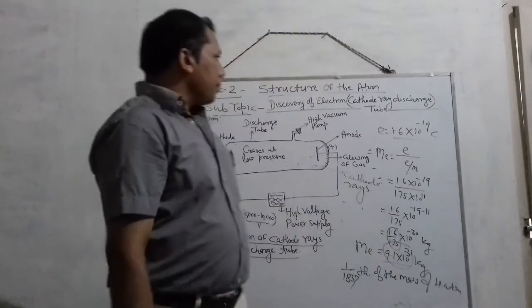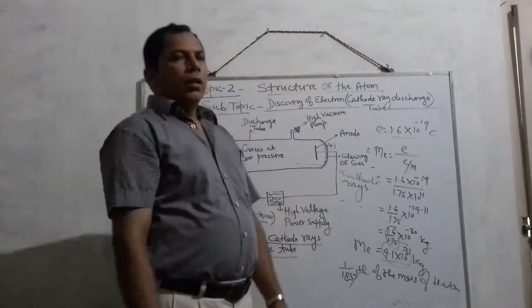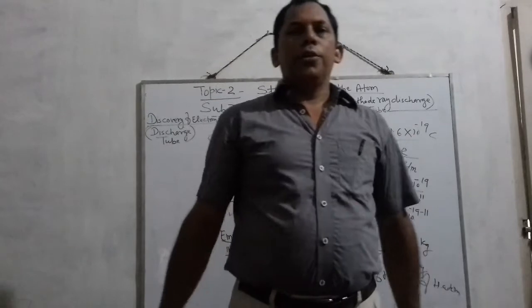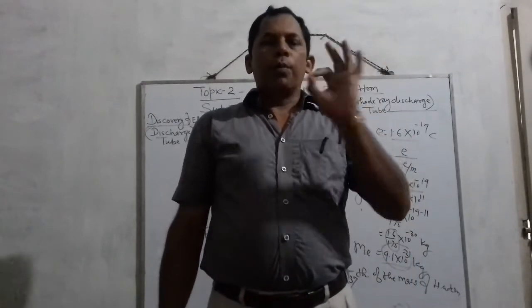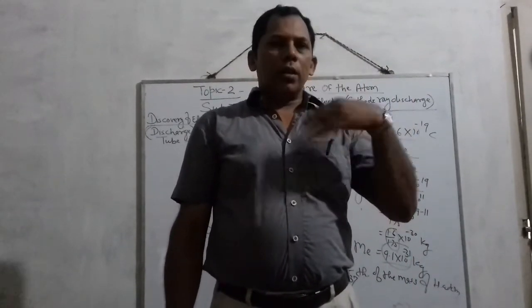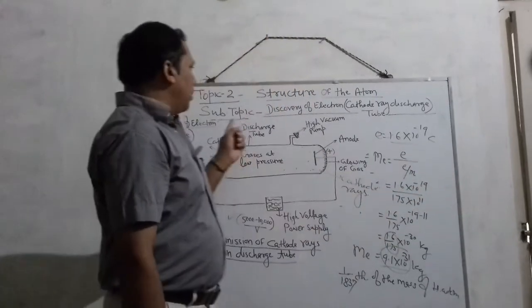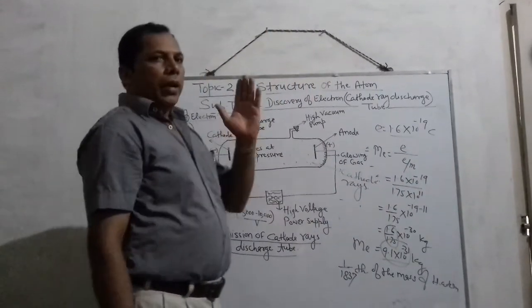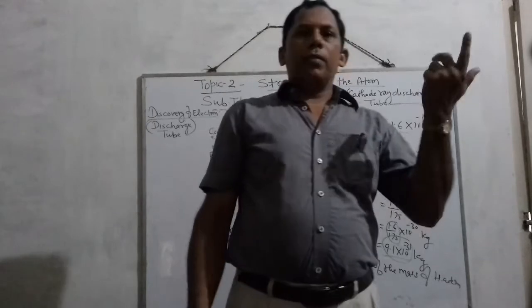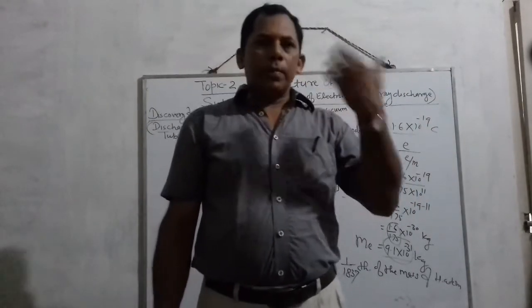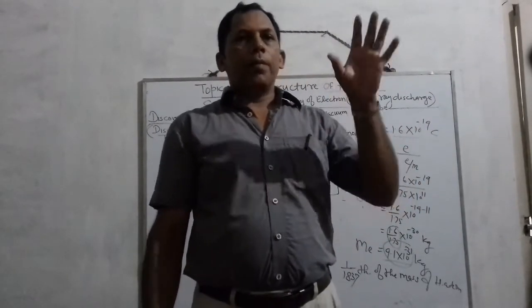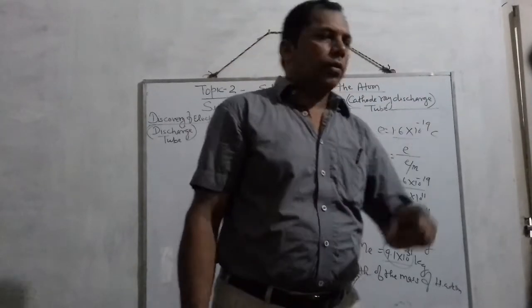Students, in my upcoming lecture you will study how the proton is discovered, the other subatomic particle. As I have discussed earlier, an atom can be subdivided into subatomic particles: electron, proton and neutron.